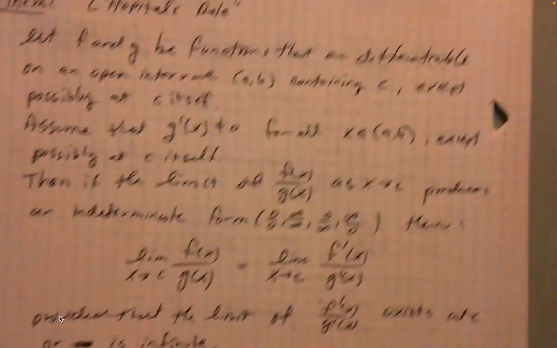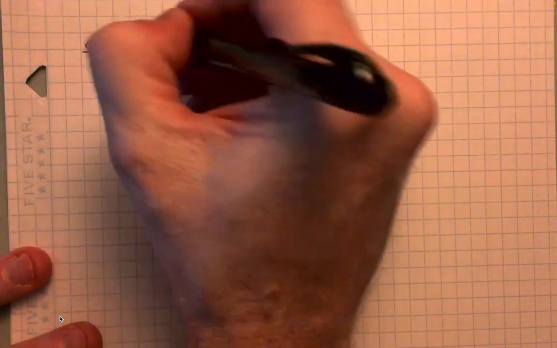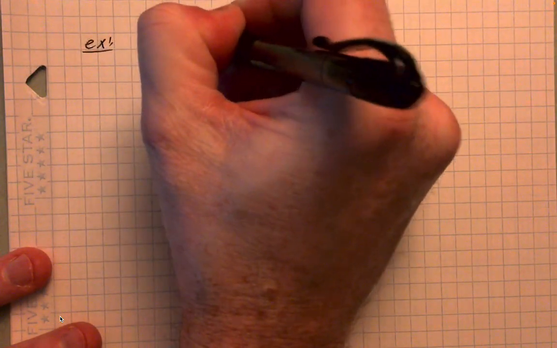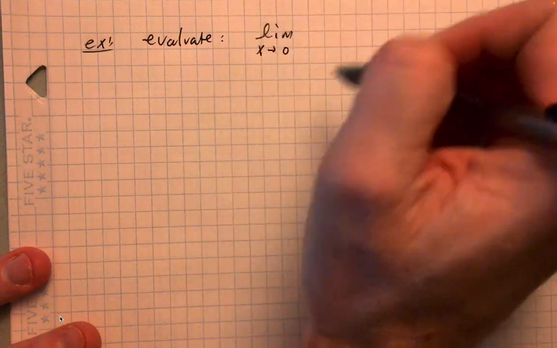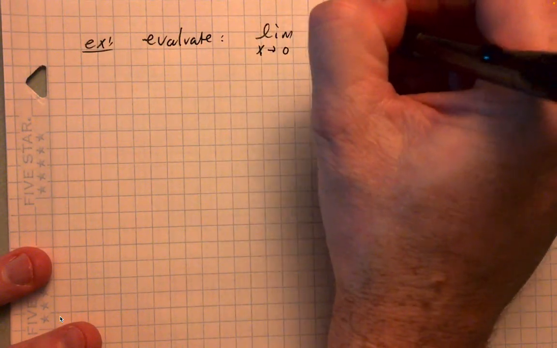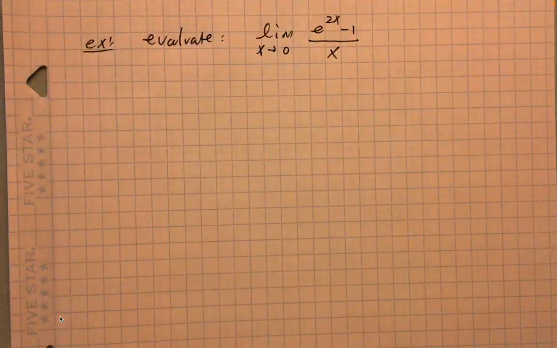All right, so let's do an example and see how this works. Say I want to evaluate the limit as x approaches 0 of e to the 2x minus 1 over x.